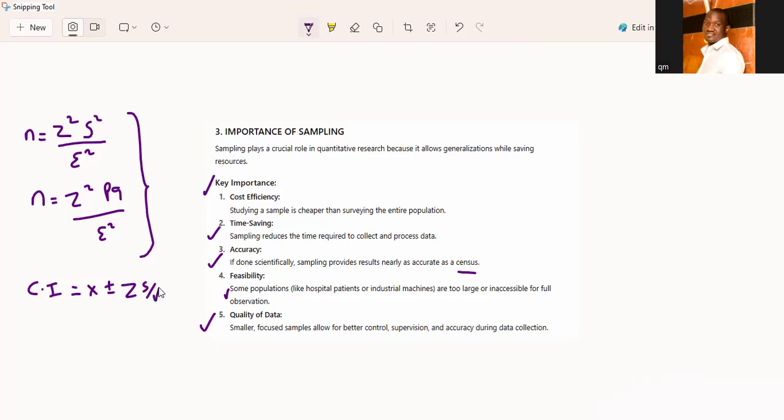And the thing that I need you to know is that we have three common confidence levels. Okay. So we have confidence levels and significance levels. All right, so look at this table.